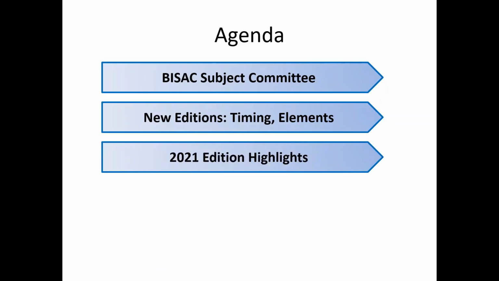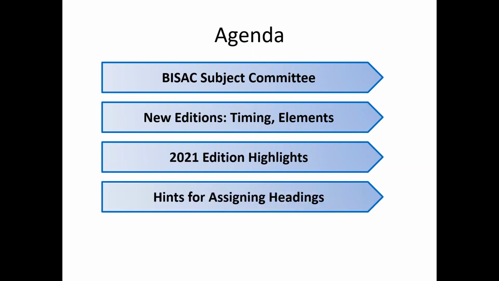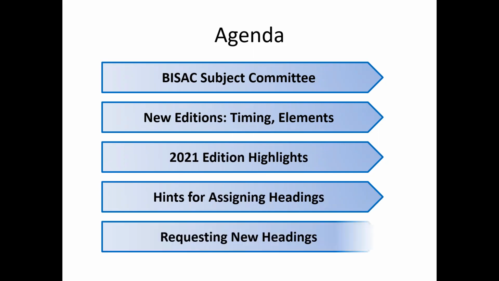The highlights of the 2021 edition. A couple hints for assigning headings. And how to request a new heading, and what you should do if you see a gap in the headings or something that you think should be there.